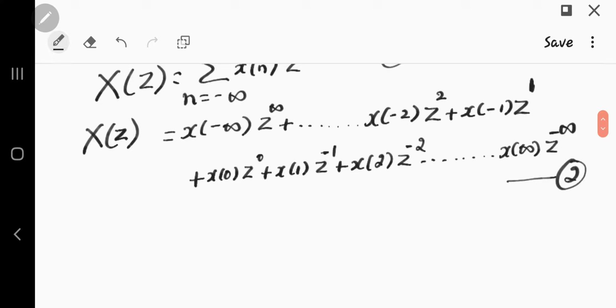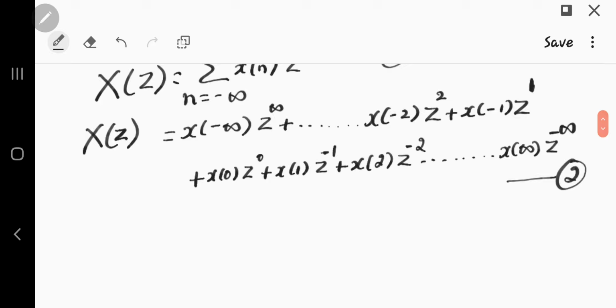What we have as equation 2 is the power series expression. You have to remember this, because whether the power of z is positive or negative, the coefficient of z will give you the value of the sample at that instant of time.